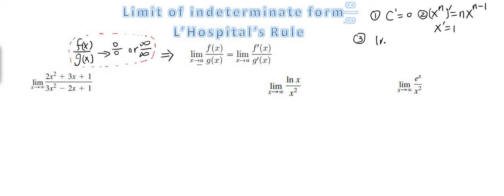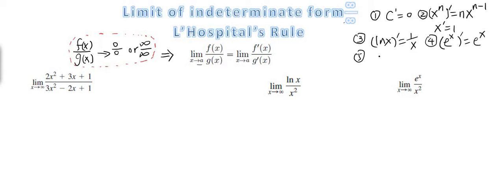Third, the derivative of ln x is 1 over x, and the easiest one is e to the power x: the derivative of e to the power x equals itself.